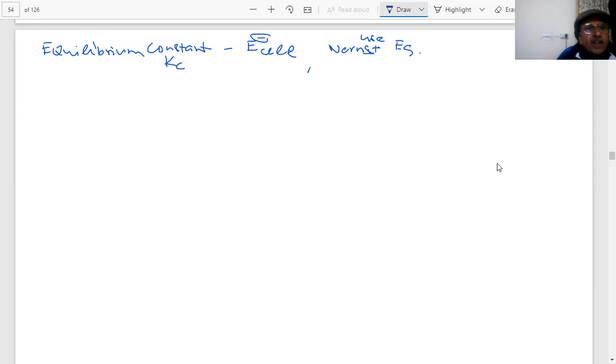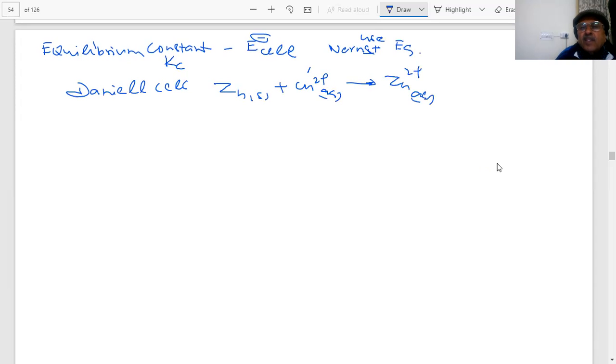For example, for the Daniell cell. How do we represent the Daniell cell? Zn(s), Zn2 plus aqueous, copper 2 plus aqueous, Cu(s).